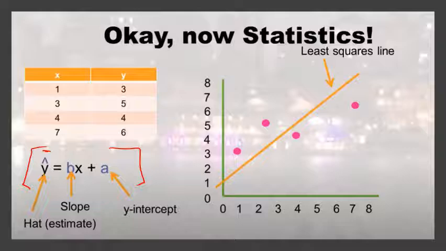This entire thing is definitely going to be an estimate because, as you can see, none of these points fall on the line. We're just trying to figure out the least distance that we can have from the line to the points. That is why when you write out the equation, this one's going to have a hat.